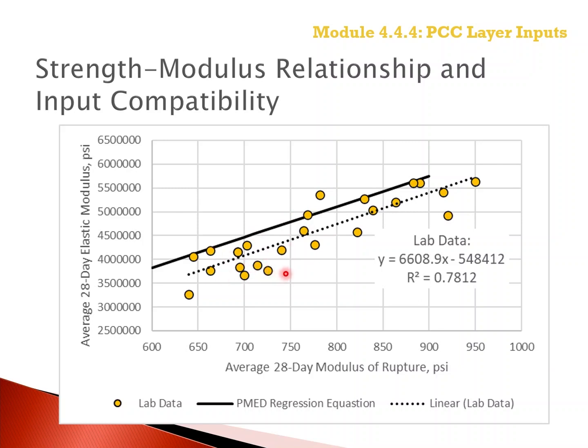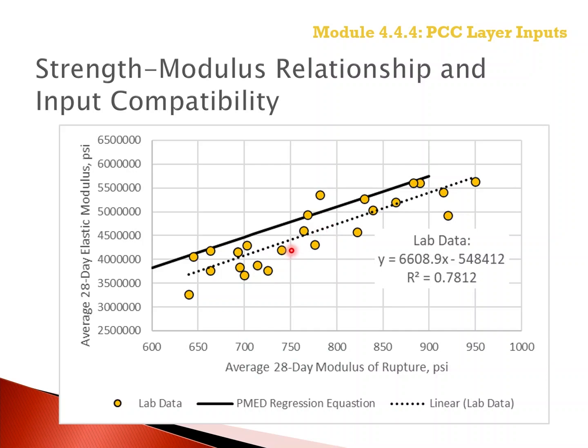So, there can be a bias or a consistent difference between the regression equation in the PMED software and the actual laboratory measured values produced from the agency's construction and mixture specifications.